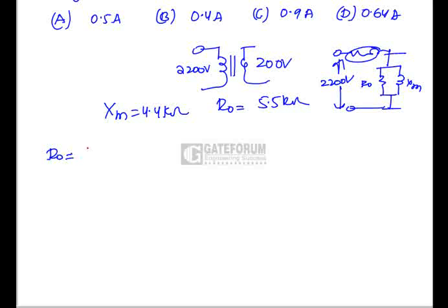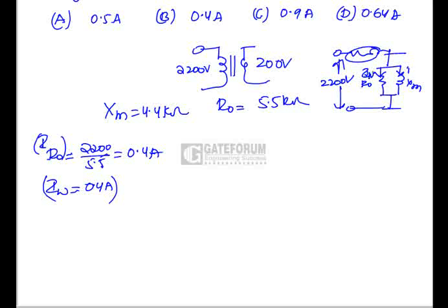Now what is the current through R0? It is 2200 by 5.5 kilo ohms, which is equal to 0.4 amperes. This is generally referred to as the core component of current Iw, which is equal to 0.4 amperes. The current flowing through R0 is Iw, the current flowing through Xm is I mu, and the total current is I0.